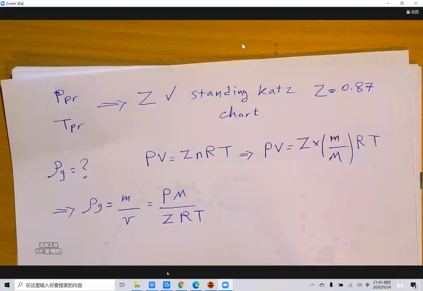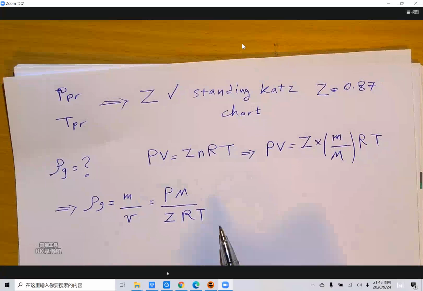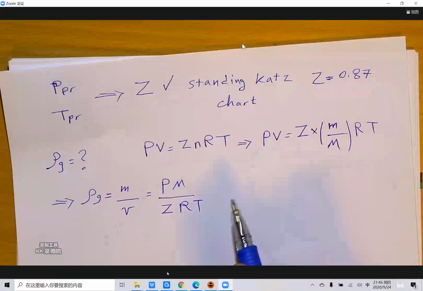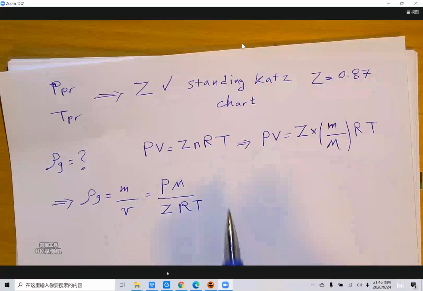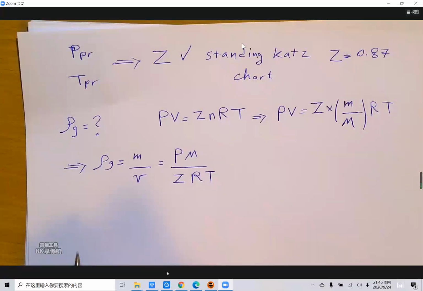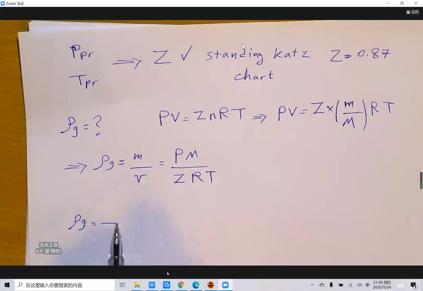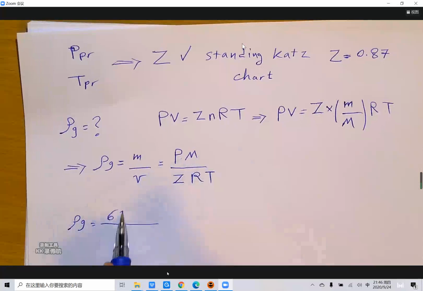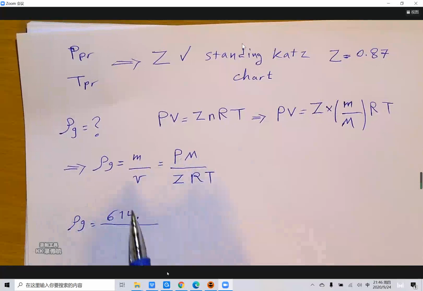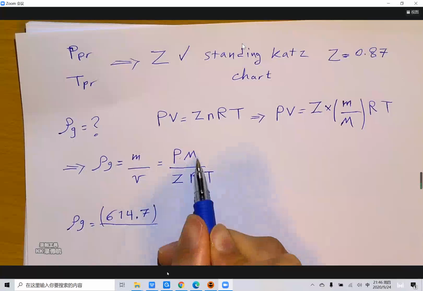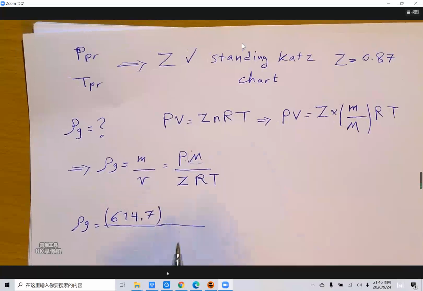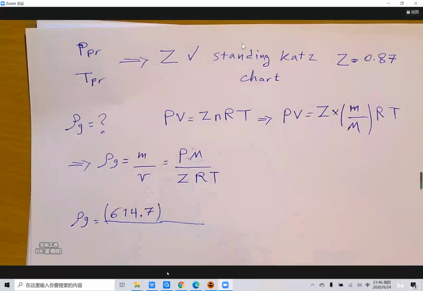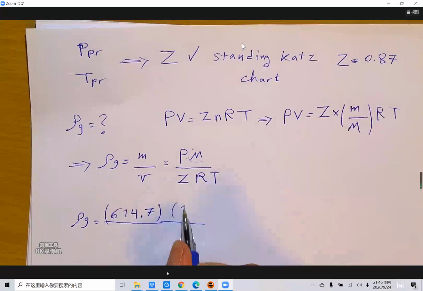This is the final equation to find the density of the gas. To find the density, we have the pressure, given in the question, 640.7, multiplied by the molecular weight of the gas that we already found, that was 90.49.